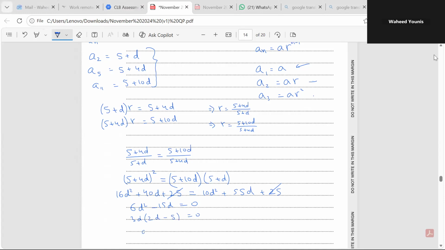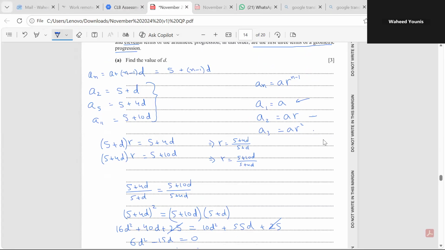From here, either d is 0, which we will not take because it was given in the beginning that d is positive. The second value is d equal to 5 by 2, or 2.5. So we found the value of d. Let's go back and check our terms.